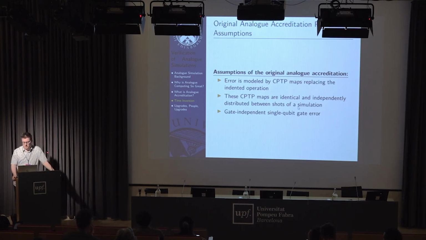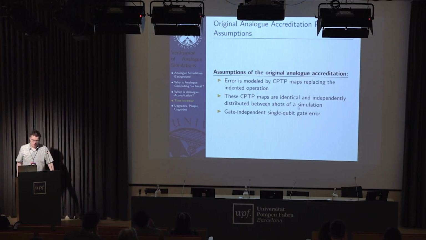This factor of them experiencing the same error is guaranteed by the assumptions that we have to make for this sort of system. Some of the basic assumptions are fairly standard: we're just saying the error is modeled by CPTP maps replacing what we actually intend to operate. That's fairly standard. It is a very general class of error maps.